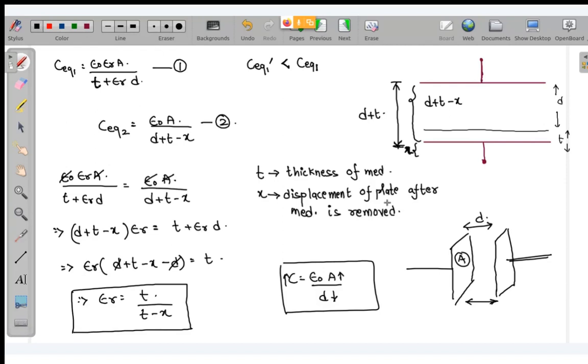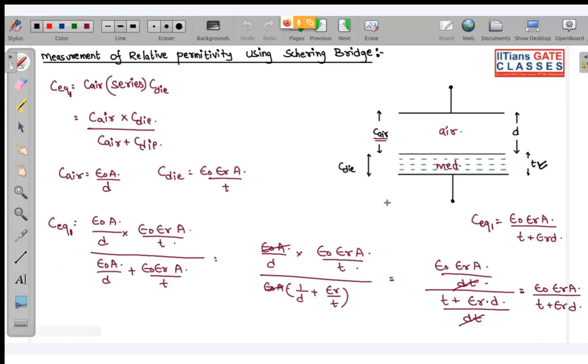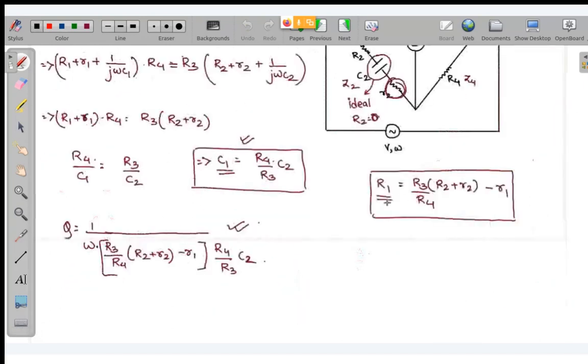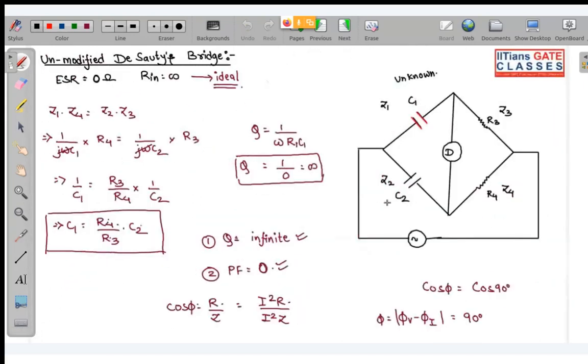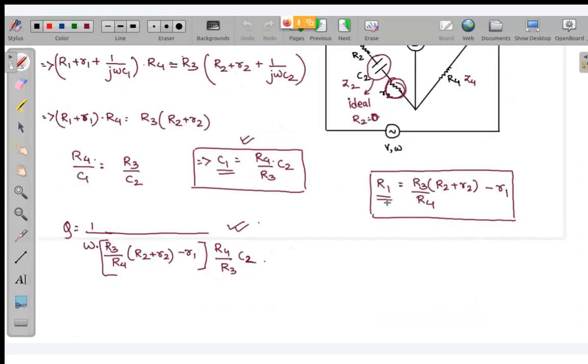Any doubt? Sir, why especially through the Schering bridge only can we calculate this? Like, we are only manipulating the capacitance and the distance between plates. See, with the help of the Schering bridge, I told you, lastly we have studied two bridges, the modified Desauty and the Desauty.